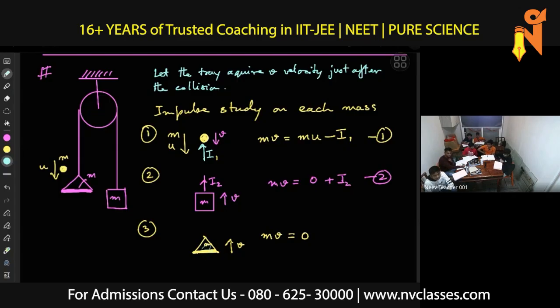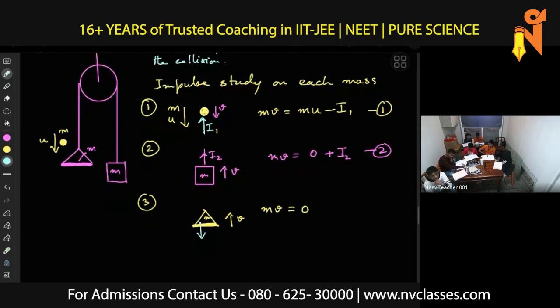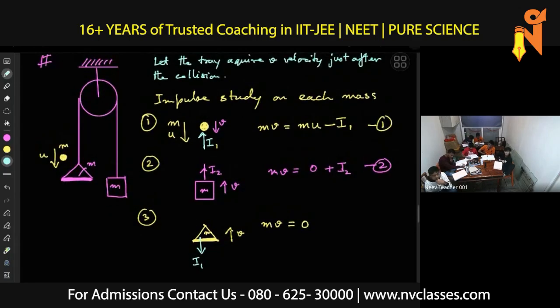So this tray received two impulses, right? What two? One from the striking of the body, and this is down. How much is that? I1, according to action-reaction, right? And the other one: this impulse should have made the body go down, right? Yes. And it is going down with velocity V. This impulse will make the body go down, right?